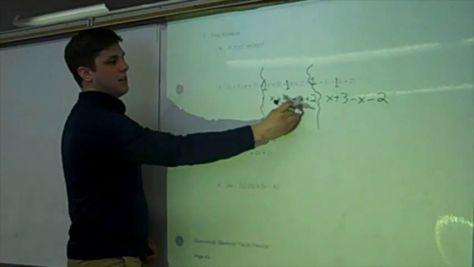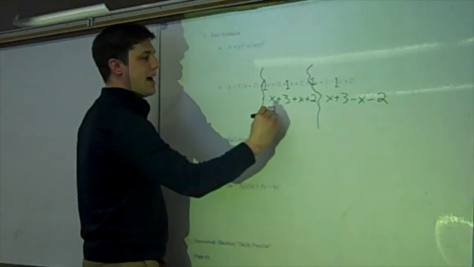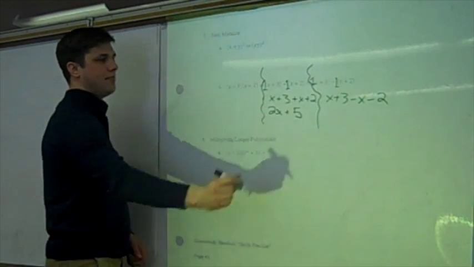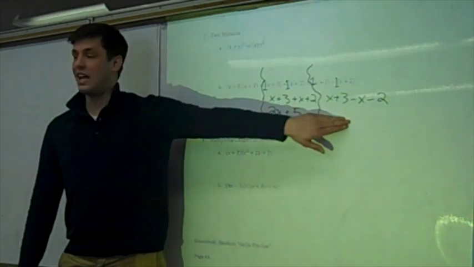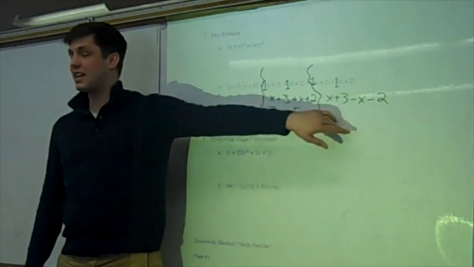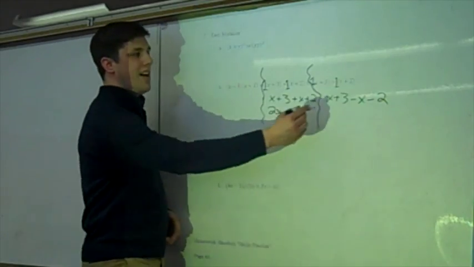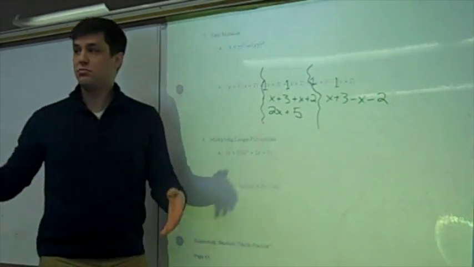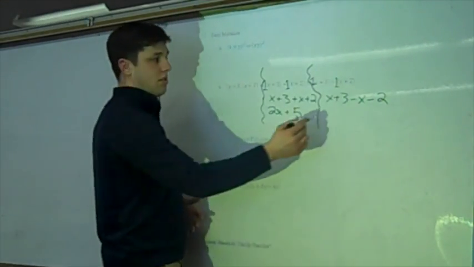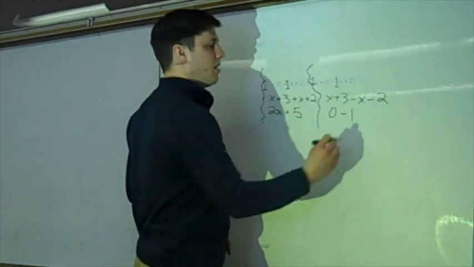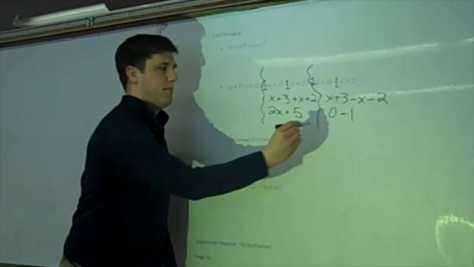You've got x plus x is 2x, and 3 plus 2 is 5. And then this one is a bit different because you're taking away an x and you're taking away a 2. So x minus x is just 0, and then 3 minus 2 is plus 1.